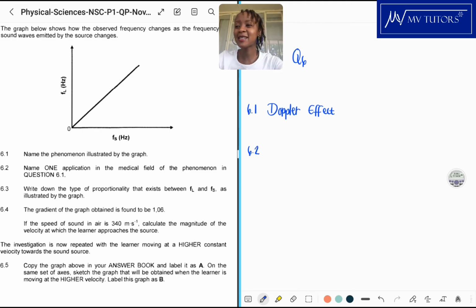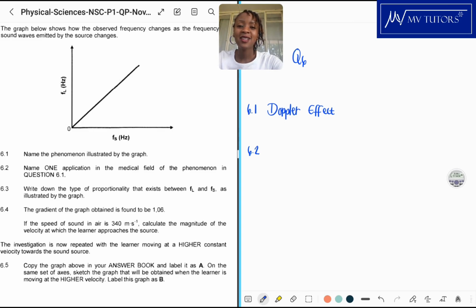Alright, and then 6.2 says, name one application in the medical field of the phenomenon in question 6.1. So for those who are pregnant and go for your sonar scan, the Doppler effect can be used to determine the heartbeat of a fetus.